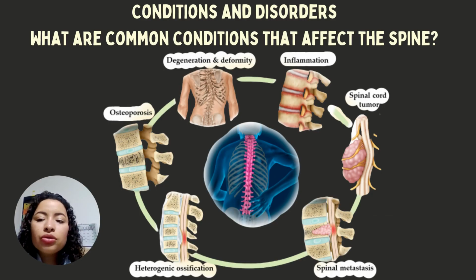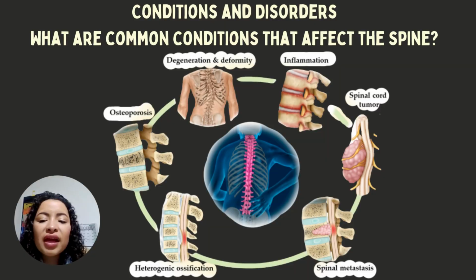What are common conditions that affect the spine? Your spine plays an important role in your daily life. It takes a lot of work, which puts it at risk for damage and injuries.